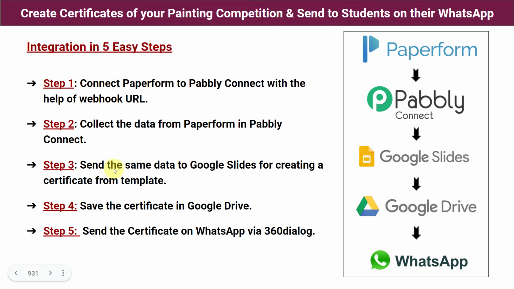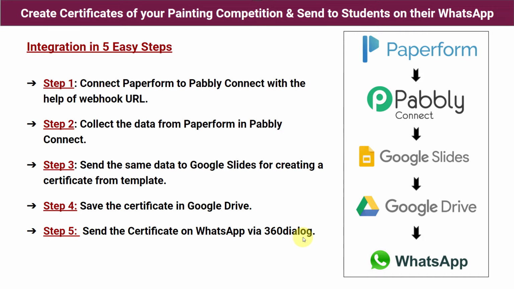Step 3 is send the same data to Google Slides for creating a certificate from template. So in the third step, we are going to create a certificate with the help of Google Slides here. And in the fourth step, we are going to save the certificate in Google Drive and create a shareable link for that certificate. And in the fifth step, we are going to send the certificate on WhatsApp via 360 dialog.